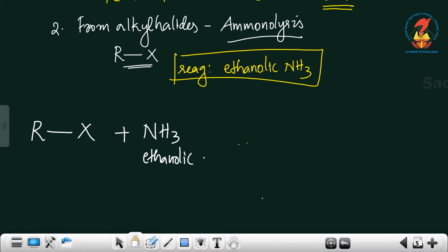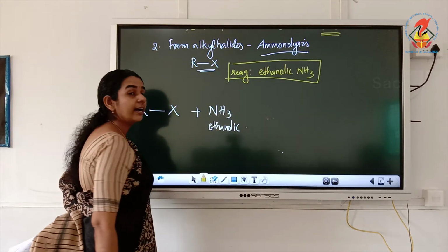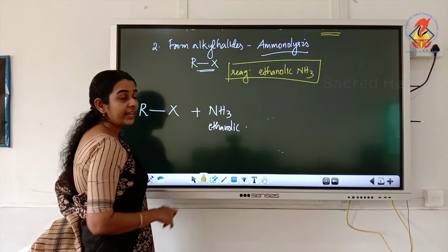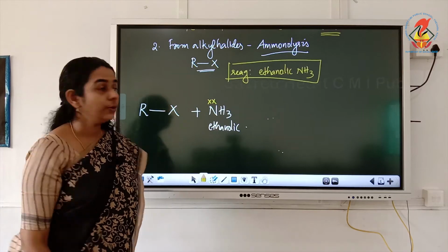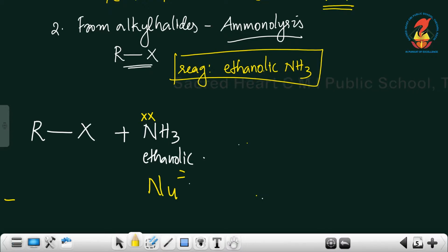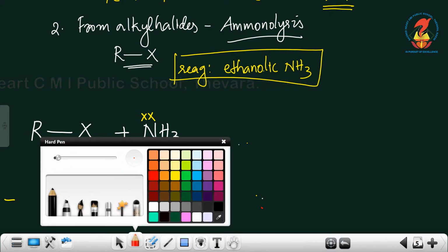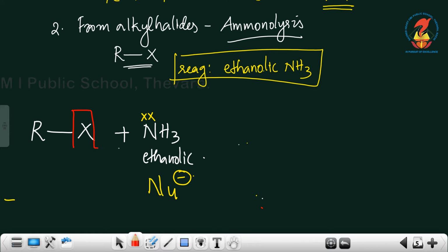We know that nitrogen in ammonia has a lone pair of electrons. So, it can act as a nucleophile because it is highly electron rich. When alkyl halides react with this ethanolic ammonia, what will be eliminated? It is very clear, HX will be eliminated.